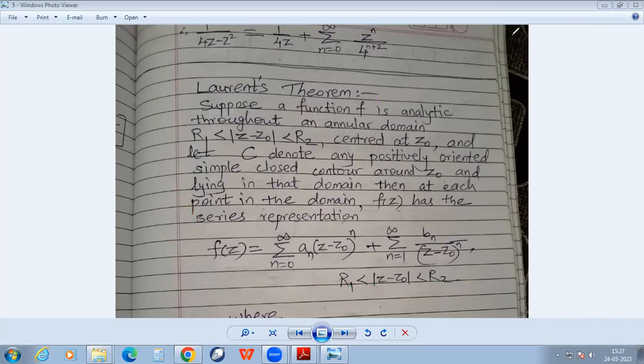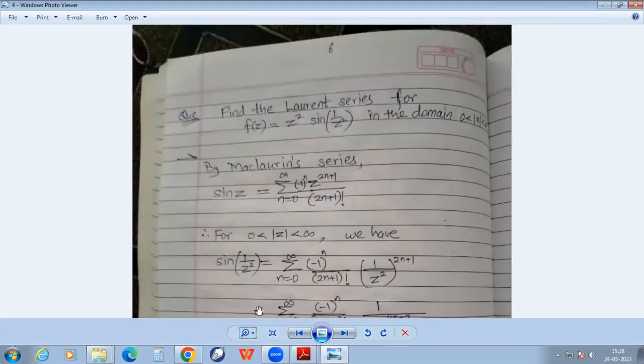All right. I would like to go back. Now let us deal with the Laurent series for various functions. Now again we are meeting the same kind of function, sine of 1 by z square.